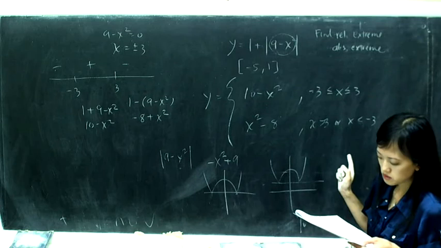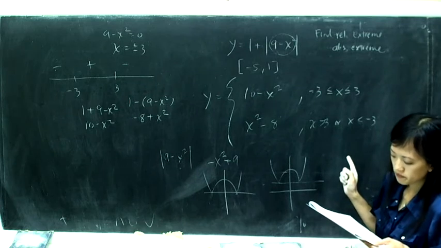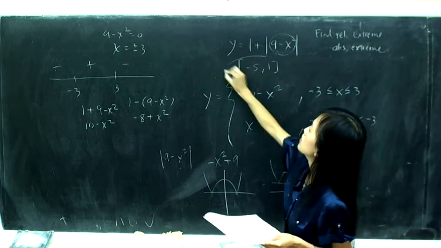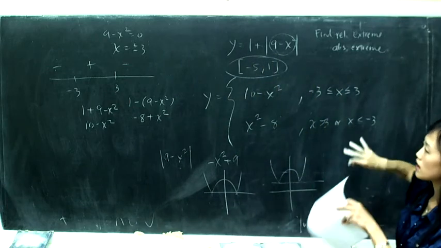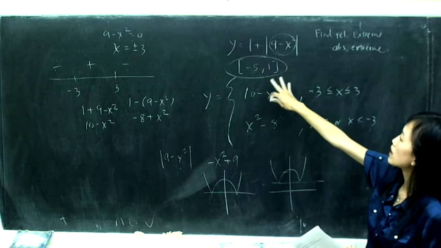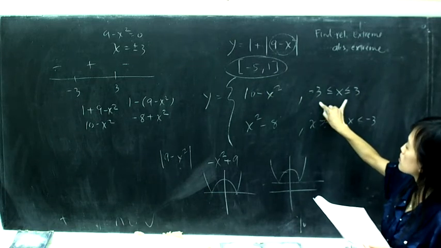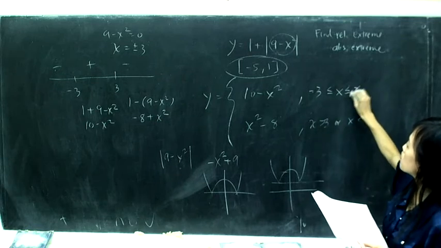Okay, once we have this one, also, before you do anything, I said I only want to do these. I'm not going across the whole domain. We're only going from negative 5 to 1. So between negative 3 and 3, where do we need to stop? 1.